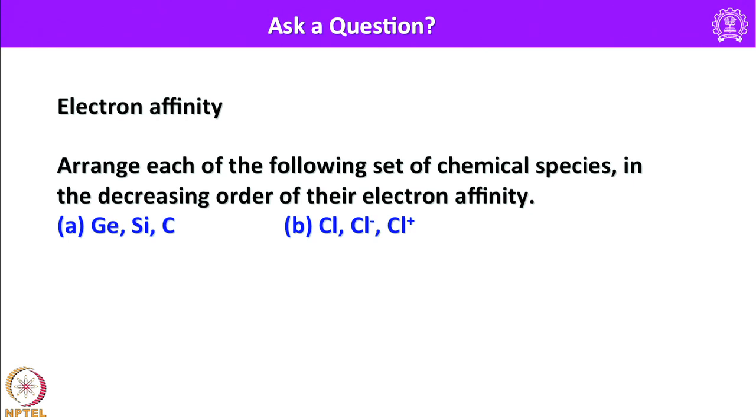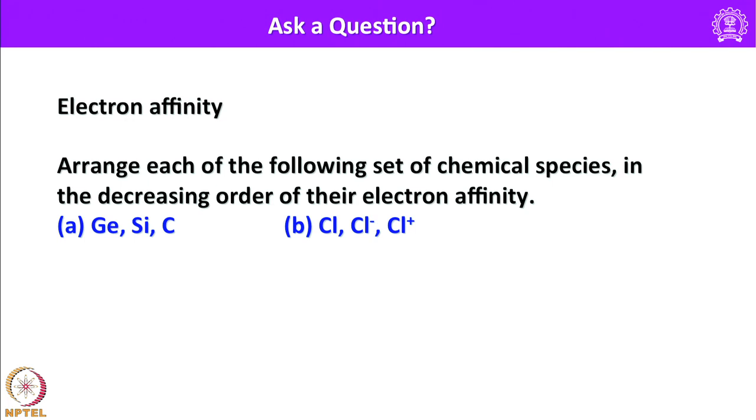All these 3 elements belong to group 14. For example, carbon, silicon and germanium are written in the decreasing order of their atomic number, and in case B it is chlorine, chloride anion and chlorine cation that are given.